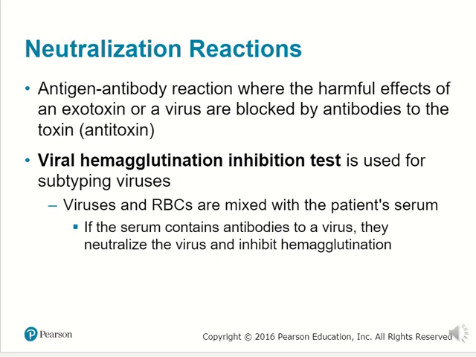The viral hemagglutination inhibition test is used for subtyping viruses. Viruses and red blood cells are mixed with the patient's serum. If the serum contains antibodies to a virus, they neutralize the virus and inhibit hemagglutination.